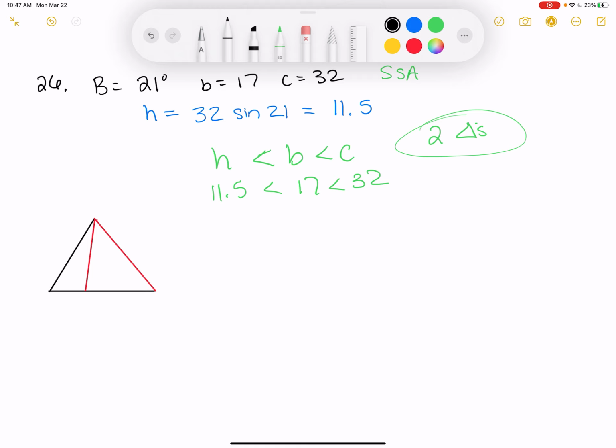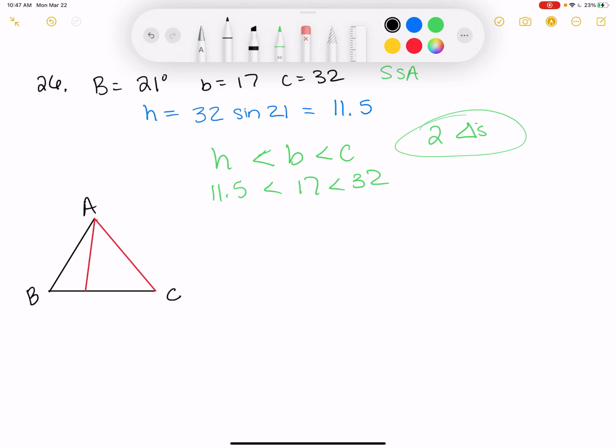It's just a cute little picture. It doesn't really matter. You have the triangle on the left and the whole triangle thing.